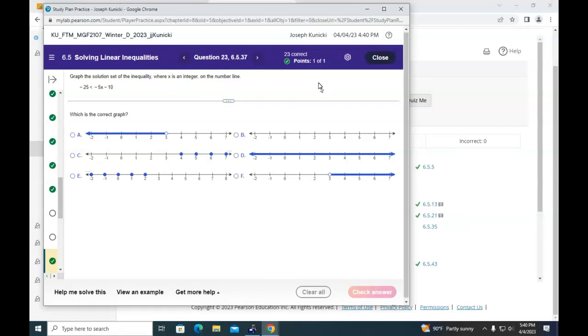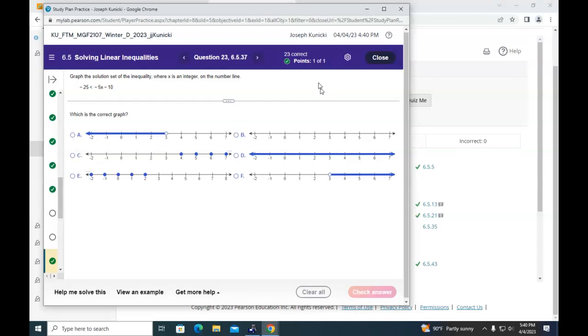That's just my way of thinking. Because I would only have to move one of them. Let's see how it works the other way. If I just add 10 to both sides, then I get negative 5x is greater than negative 15.